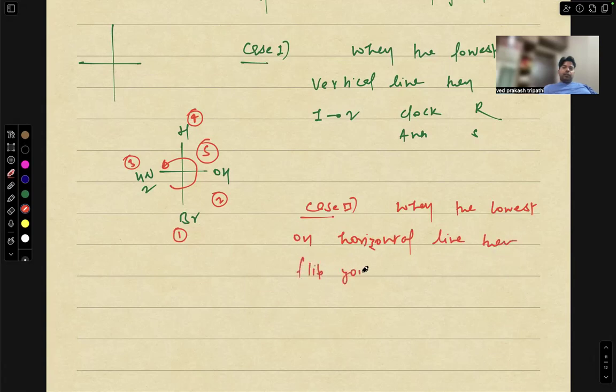Flip your answer. So simply we can say the rule for horizontal is identical to wedge, and the rule for vertical is the same as dash. Clear? So simply we can say this is dash, dash, dash, and this should be wedge.